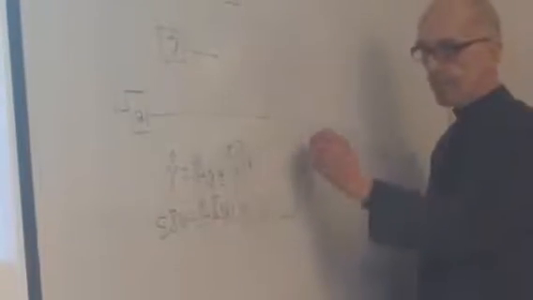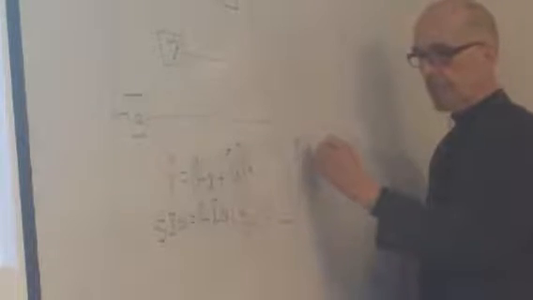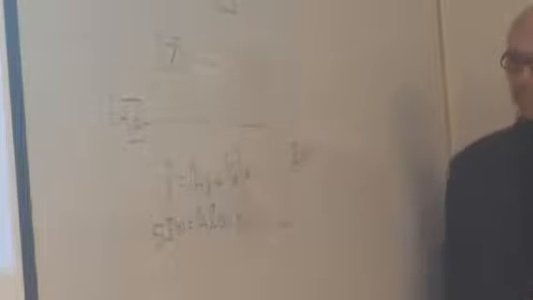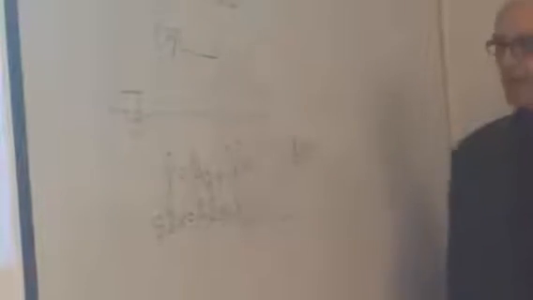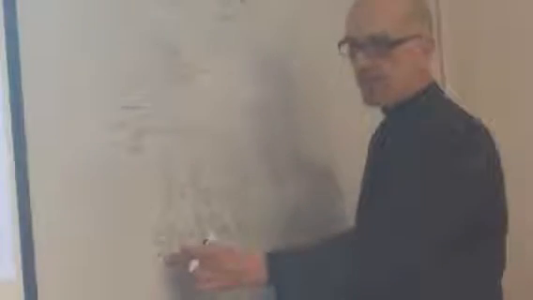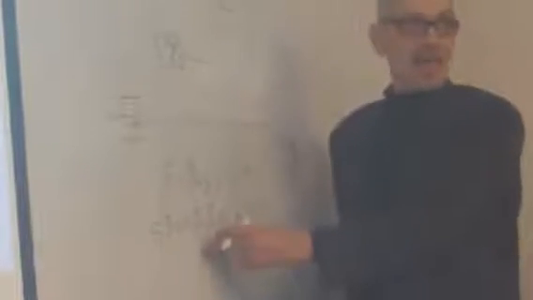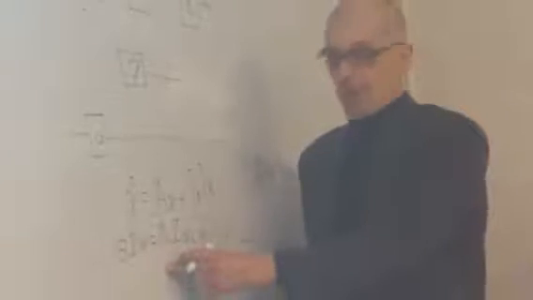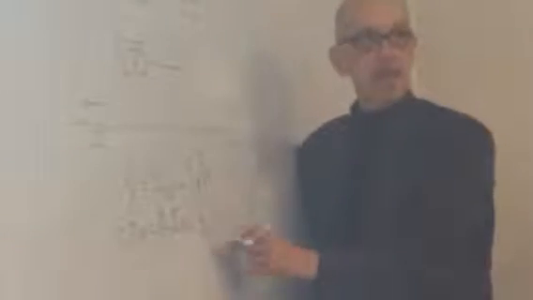Solve this equation for X of S. What is it? Gather up all the X terms, which means bring this to the other side. Then you have SI minus A, correct? SI minus A times X equals B, this.